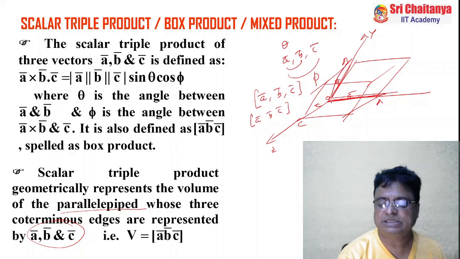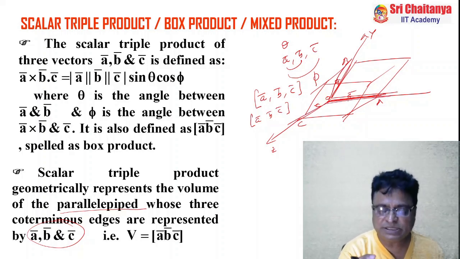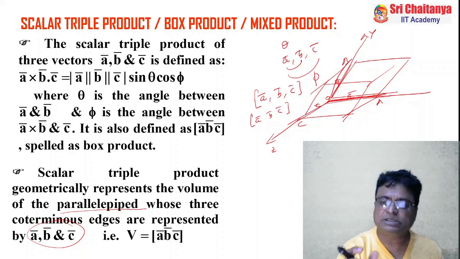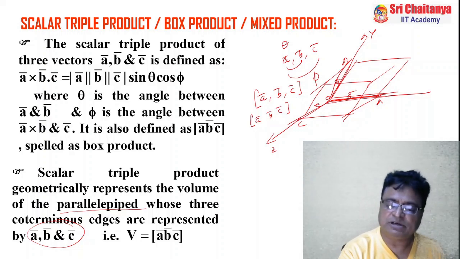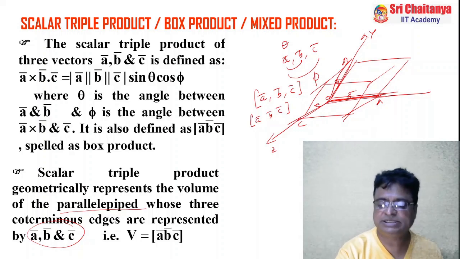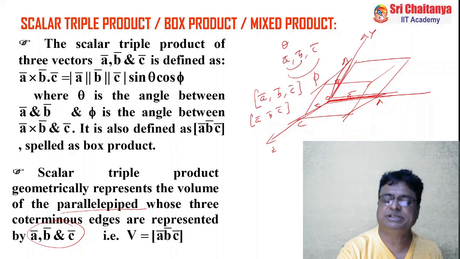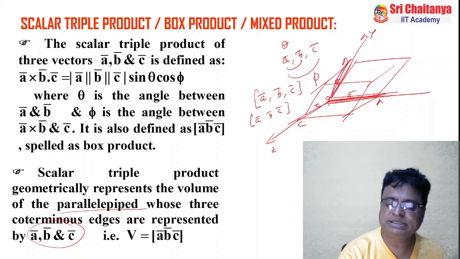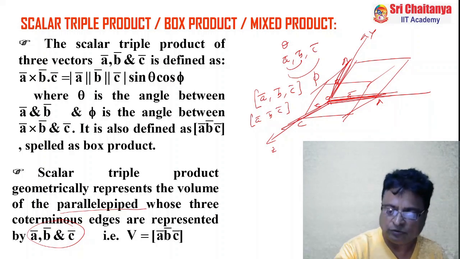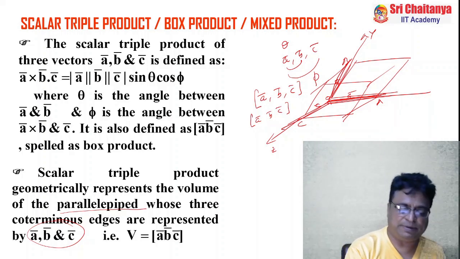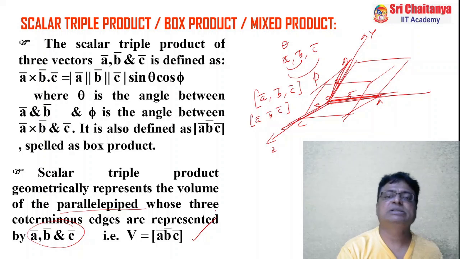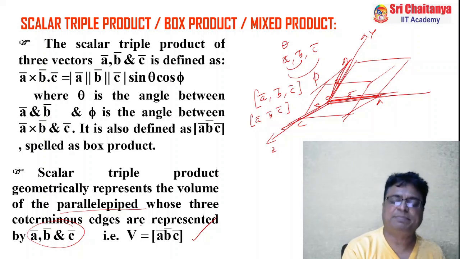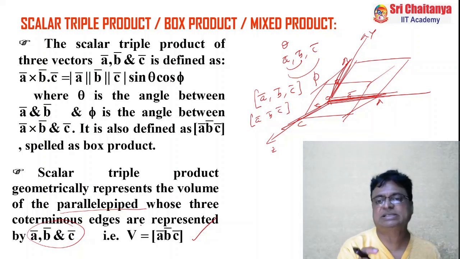If A bar, B bar, C bar are coterminous, coterminous means for all the vectors the initial point is the same. That's why they are called coterminous edges. If A bar, B bar, C bar are like this, and this is called a parallelepiped, then the volume of this parallelepiped is box ABC, denoted with capital V. It is a number, a scalar.